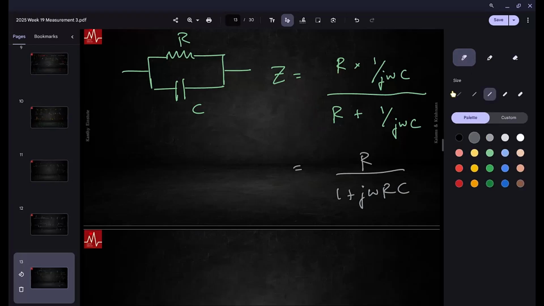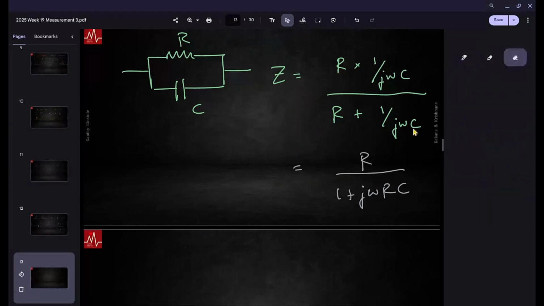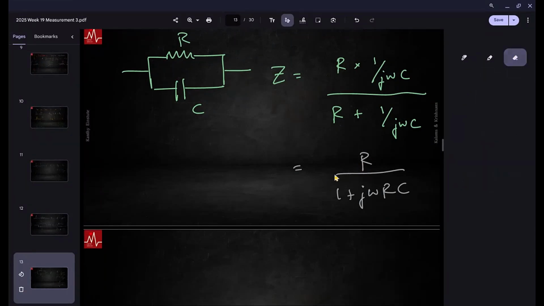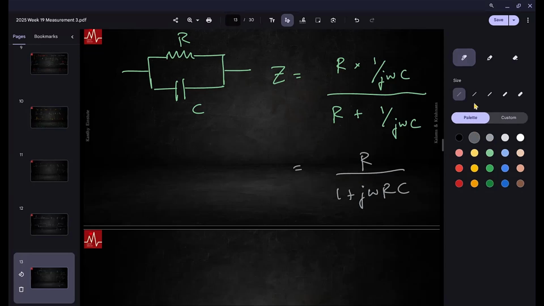Convince yourself of that. Quickly show this. Sure, all of you agree with this. Or if you want me to show the steps clearly, let me know.